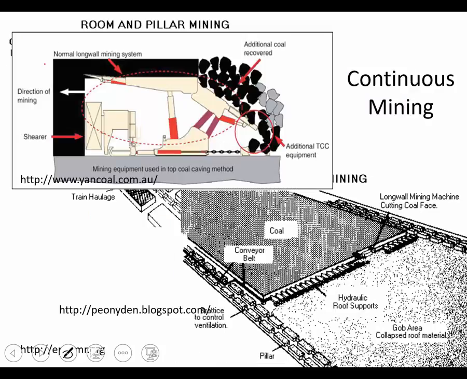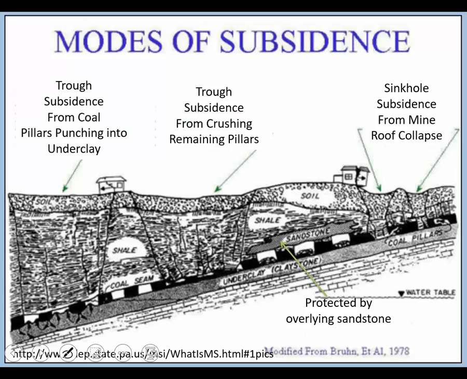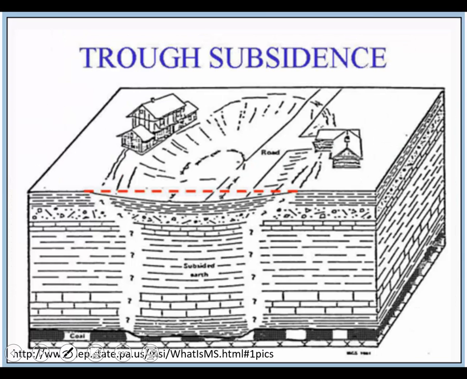Okay. This is a proverbial leap of faith. Sit down in here as it's going in this direction. Okay. And so these are just various types of subsidence that you can get from trough, individual sinkholes, etc.